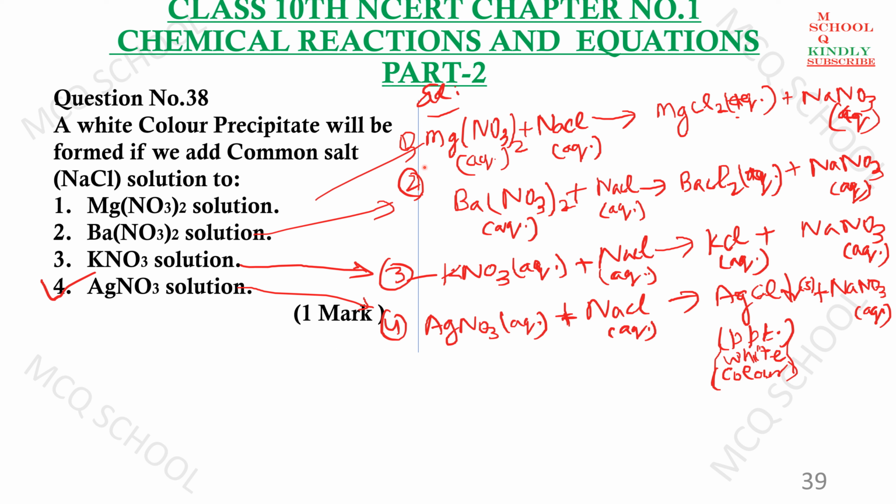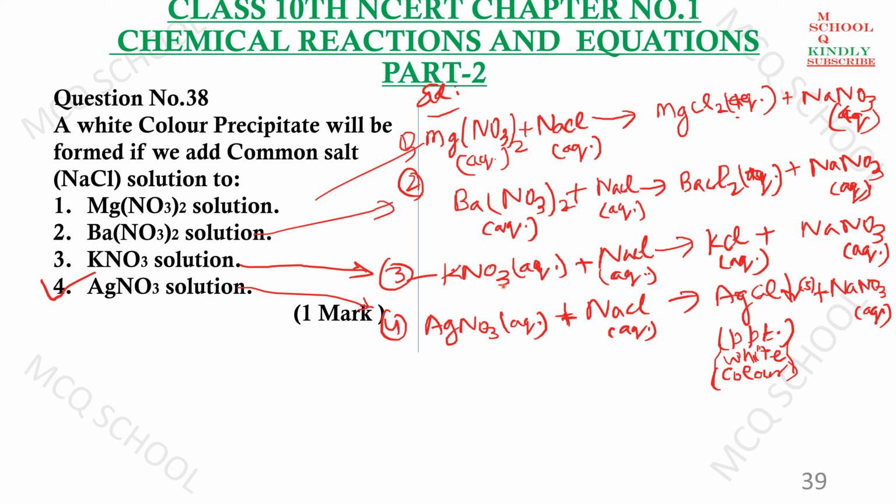Let us write equation for each of the case. Magnesium nitrate reacts with sodium chloride, forms magnesium chloride aqueous and sodium nitrate. In second case, barium nitrate reacts with sodium chloride, forms barium chloride aqueous and sodium nitrate aqueous.